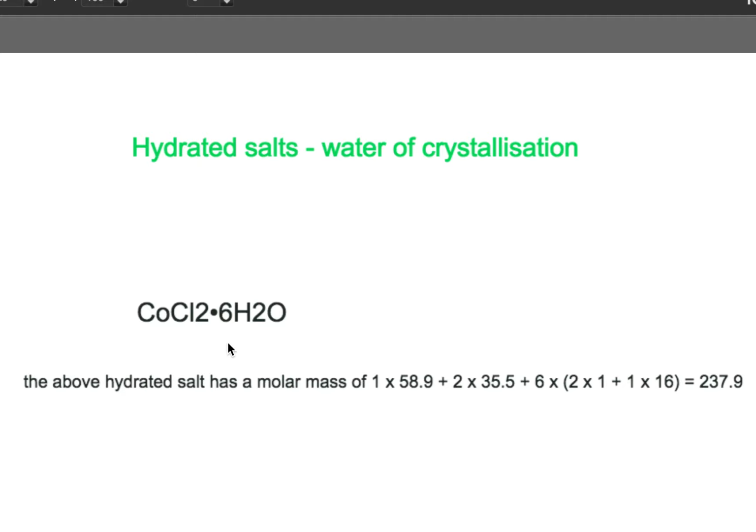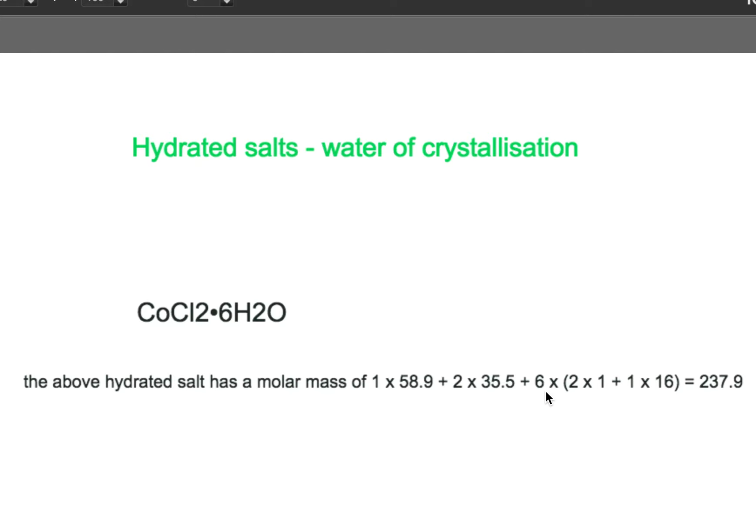And the above hydrated salt has a molar mass of, well, just add them all together. The molar mass of cobalt is 58.9, and the molar mass of chlorine is 35.5. Because it has 2 chlorine here, we need to times it by 2.